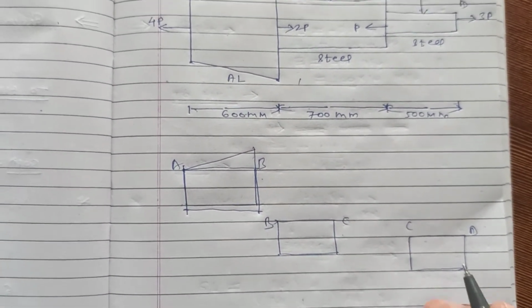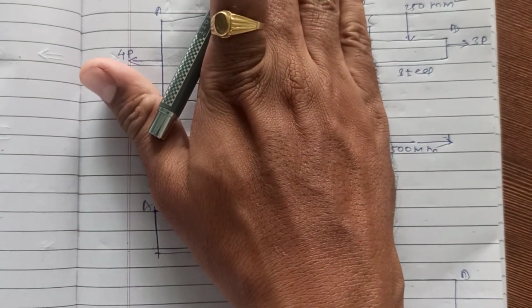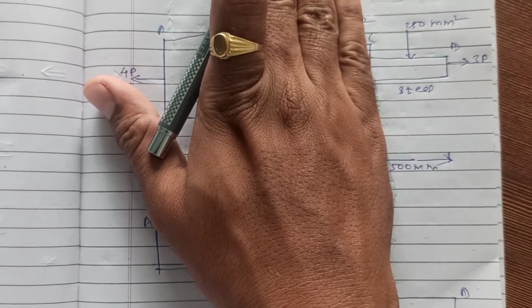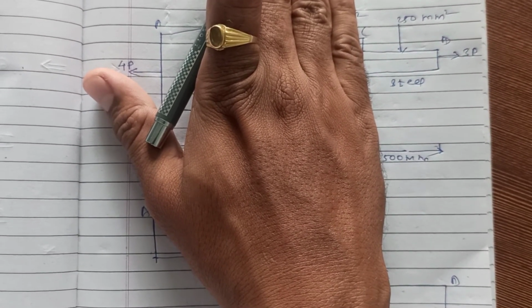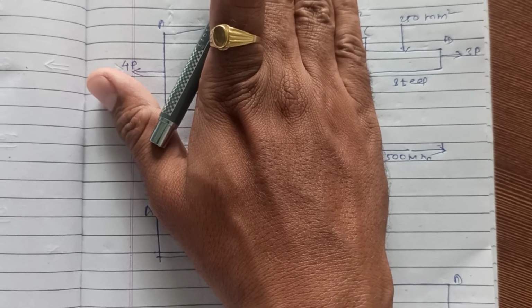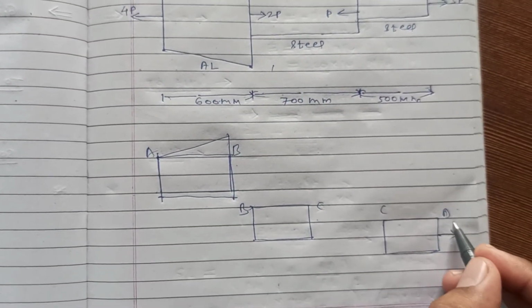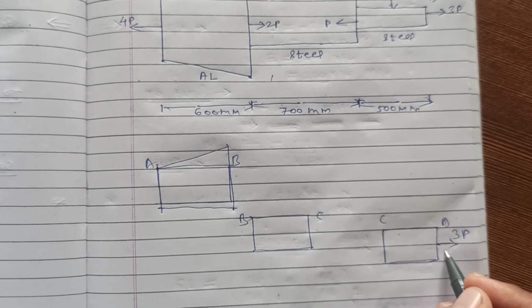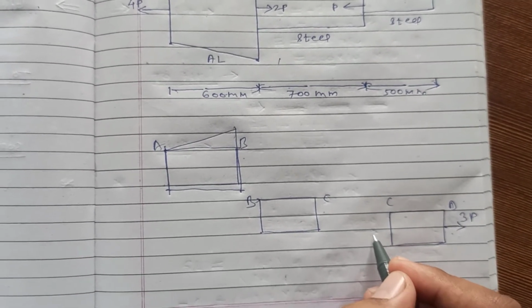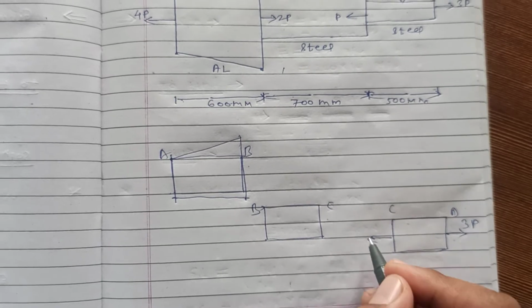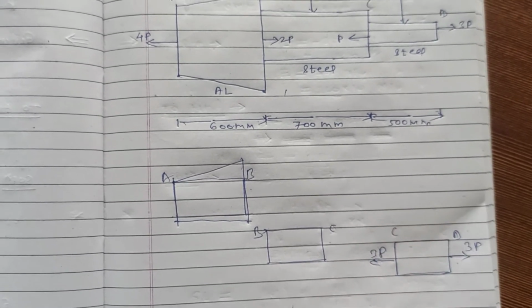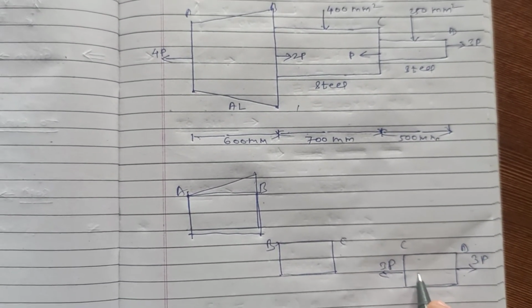Keep your hand here, consider the forces to the right side, that is only one force to the right side of the hand, that is 3P. So show here thrice P. To maintain this system in equilibrium, we have to maintain the same force at its other end, that is thrice P. So this is about element CD.